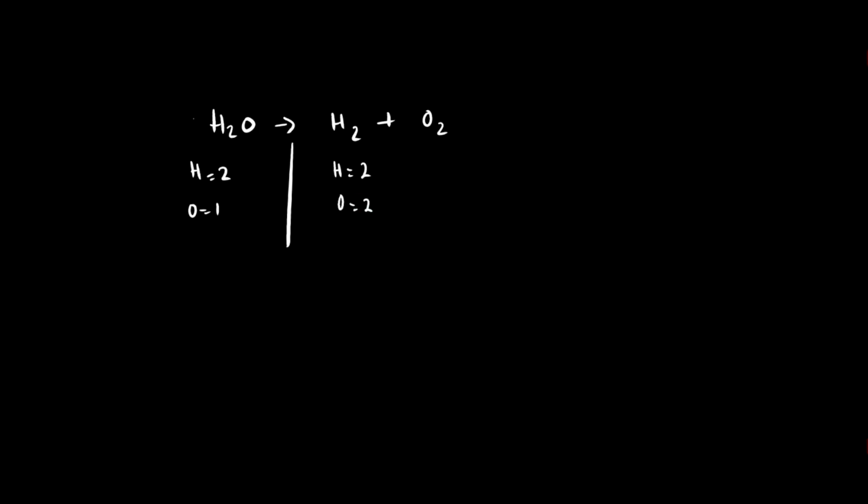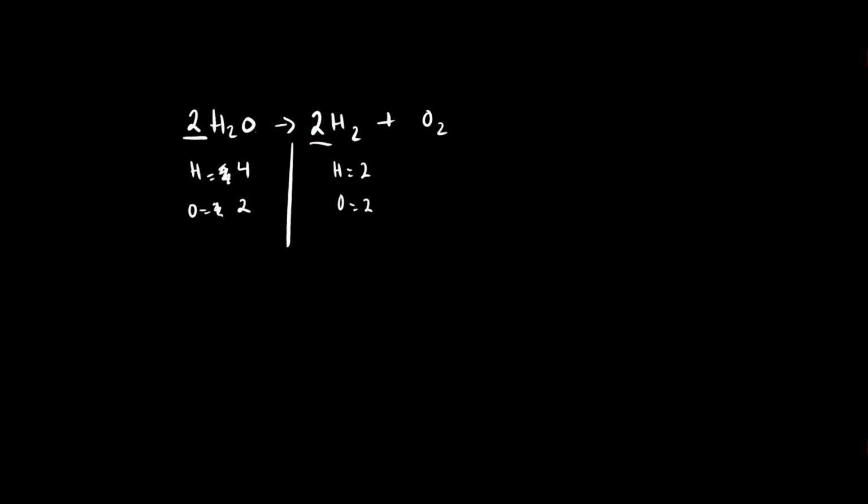If we introduce a 2 as our coefficient in front of the water, we end up having 4 hydrogen and 2 oxygen. So now we've balanced the oxygen, so we then need to go ahead and balance the hydrogen by placing a 2 as a coefficient in front of the hydrogen on the right hand side.